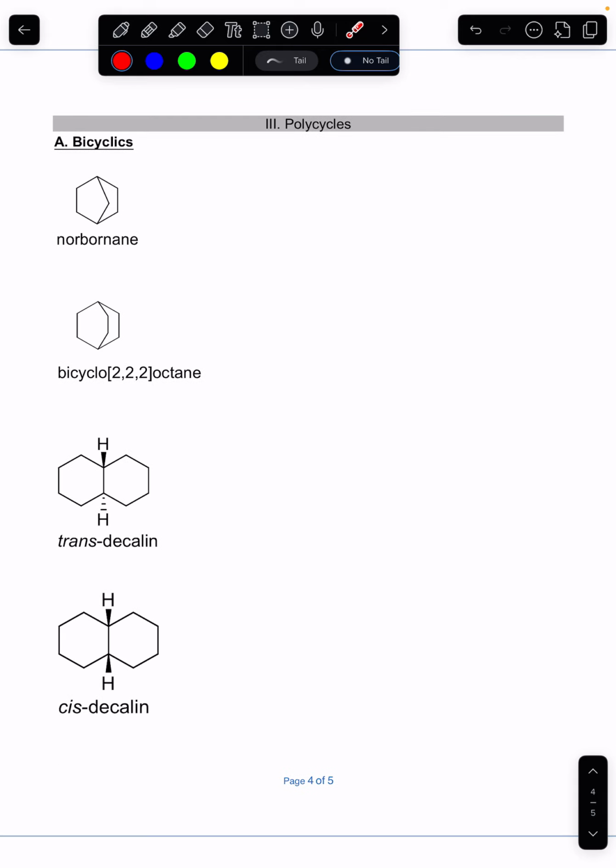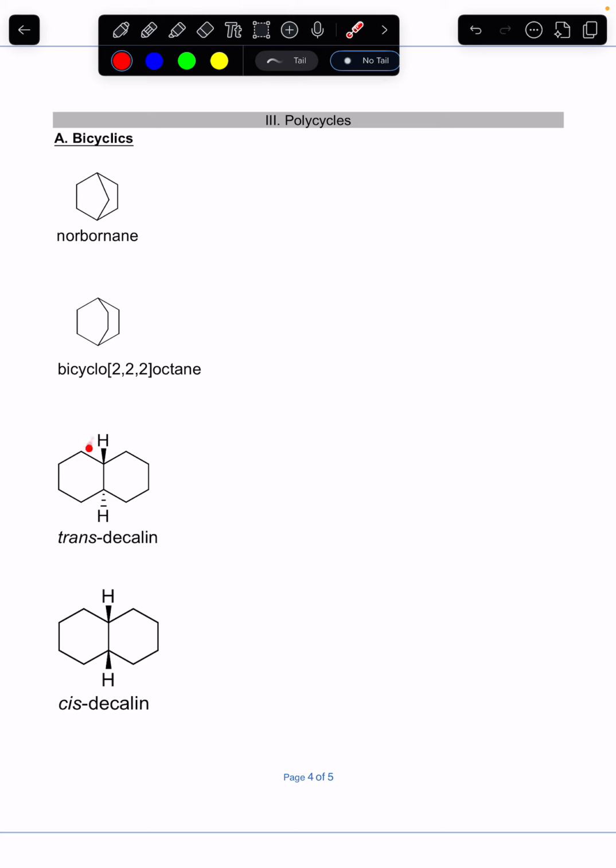Now, cyclohexanes or cyclic molecules can come in the bicyclic form. In this class, we're just going to consider bicyclic structures, not tricyclic or tetracyclic structures. But here are three pretty common bicyclic systems that you would see: 1, 2, 3.